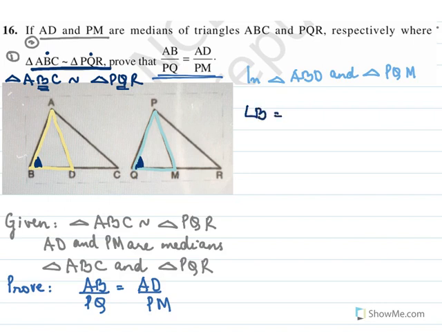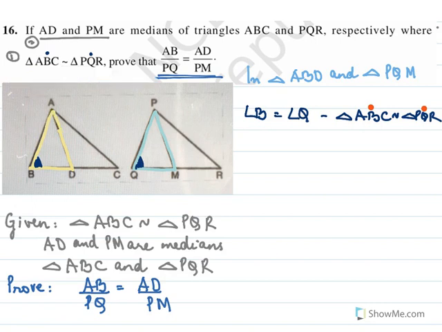So I write first point, angle B equal to angle Q. The reason: triangle ABC is similar to triangle PQR, and hence I get B equal to Q. Now if ABC is similar to PQR, the corresponding sides also are proportional.